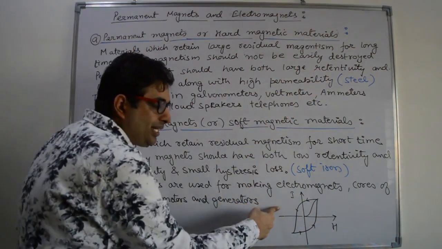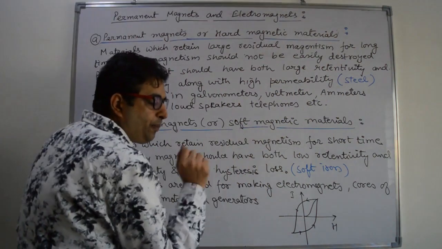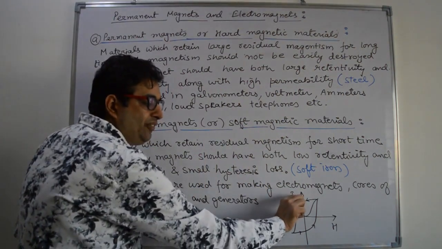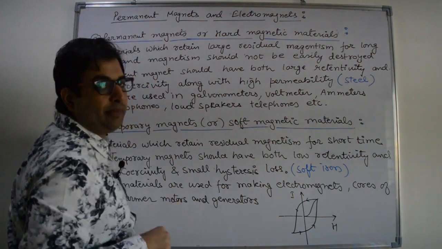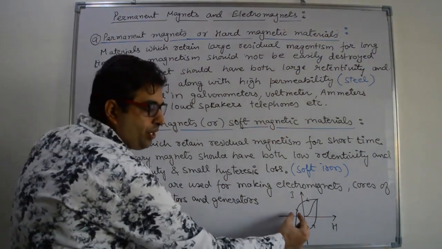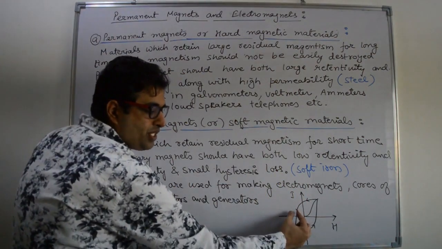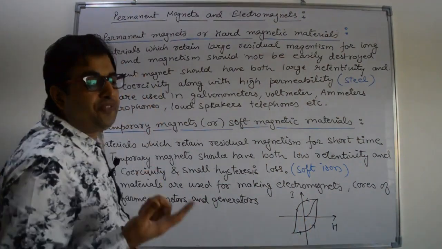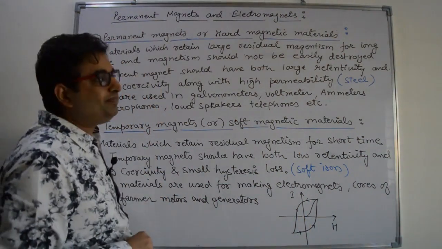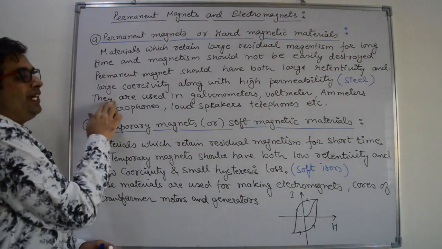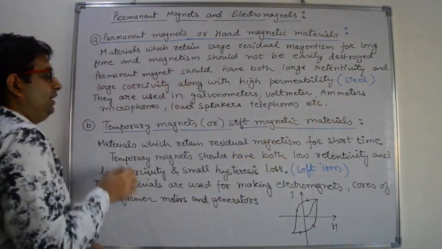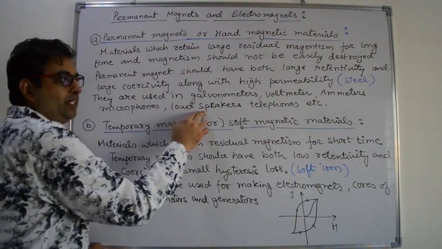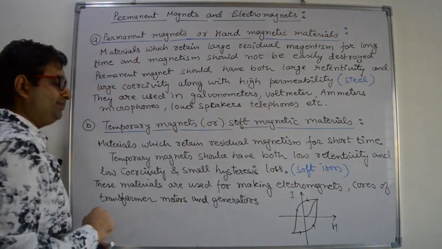If you see this hysteresis graph, for a permanent magnet the retentivity should be high so that the magnetism produced by the material is more. Coercivity should be high. Coercivity high means it is difficult to demagnetize the material. They are used in galvanometers, voltmeters, ammeters, microphones, loudspeakers and telephones.